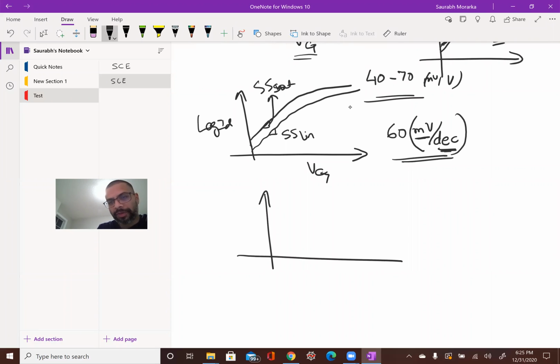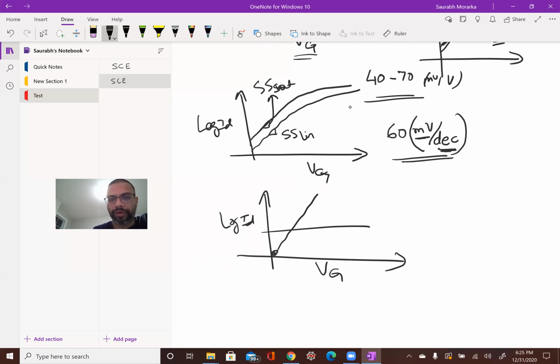So what does a good subthreshold slope look like? A good subthreshold slope would look like this. A bad subthreshold slope would look like this, right? So our endeavor is that the device should turn on instantaneously, right?